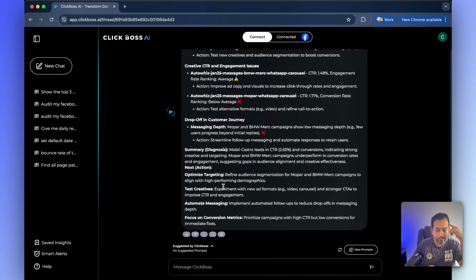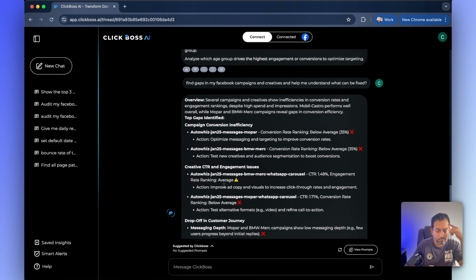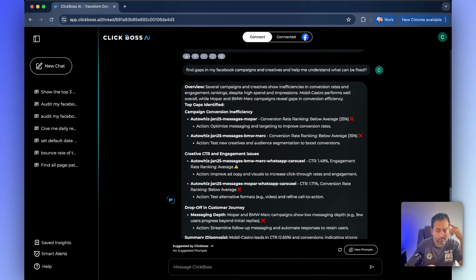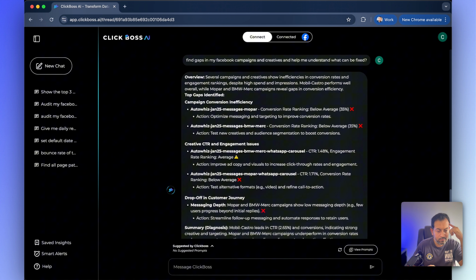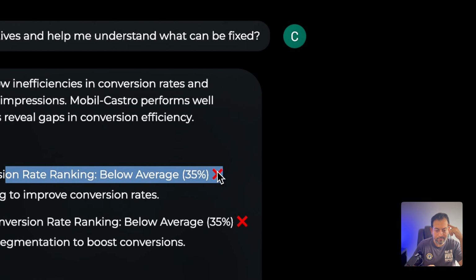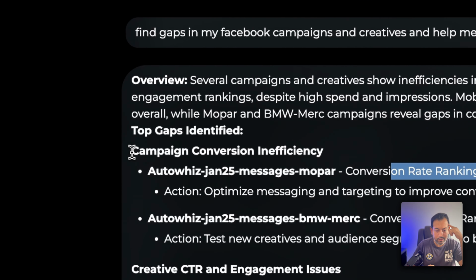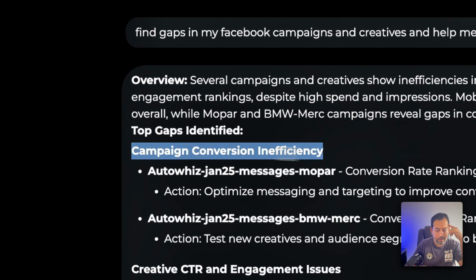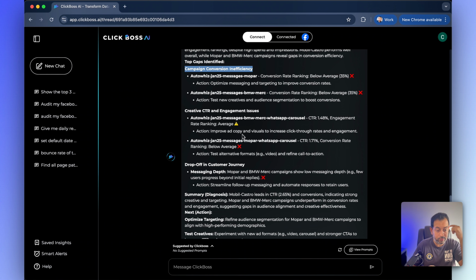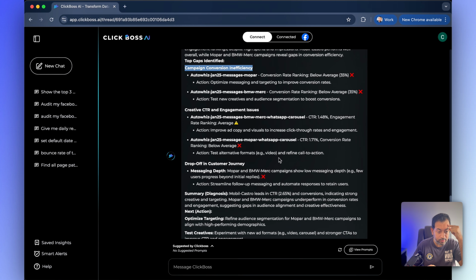Okay, so let's find out campaign conversion inefficiencies. Creative CTR engagement issues. Very nice. It shows me that this is only getting 1.8 CTR, which is great.